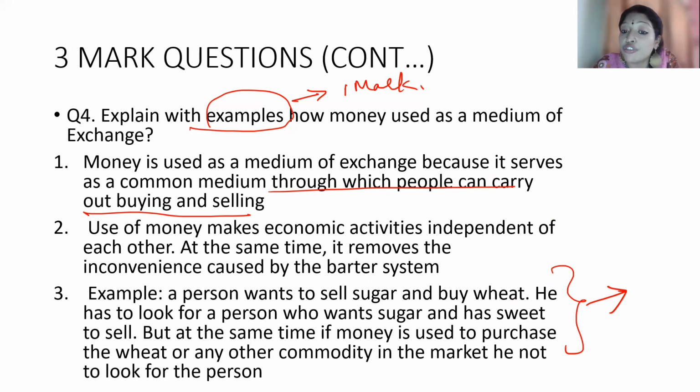The person selling sugar and buying wheat needs the coincidence that the wheat seller wants sugar and the sugar seller wants wheat. But if I have money in the economy, it is very easy for exchanging, because now there is no need for a person intermediate between the two.